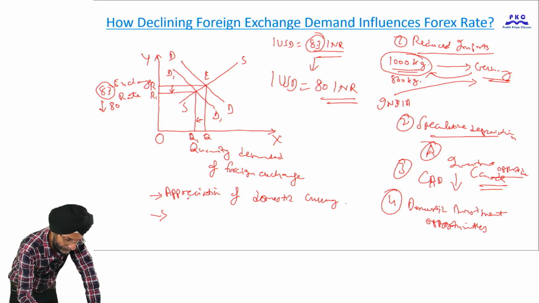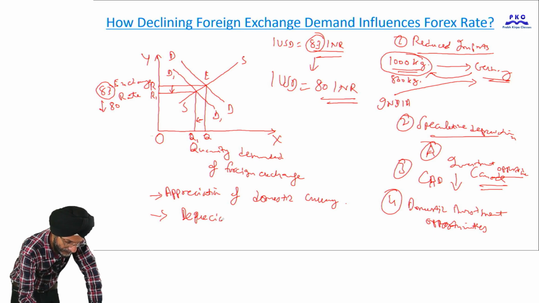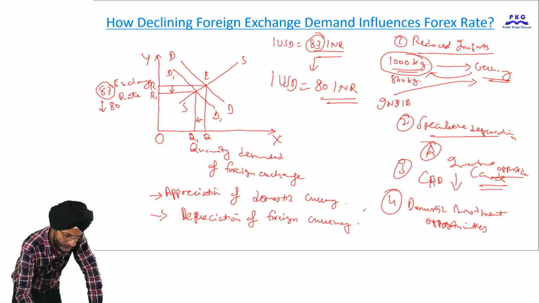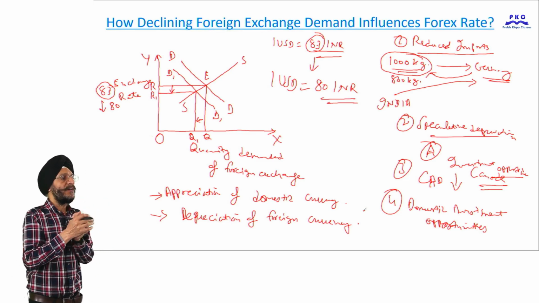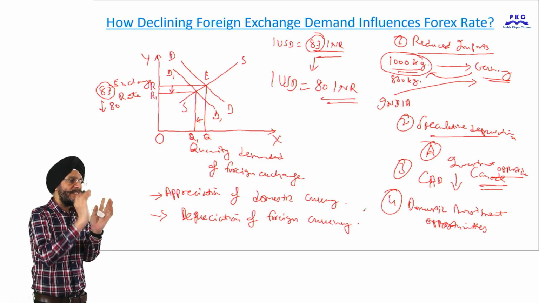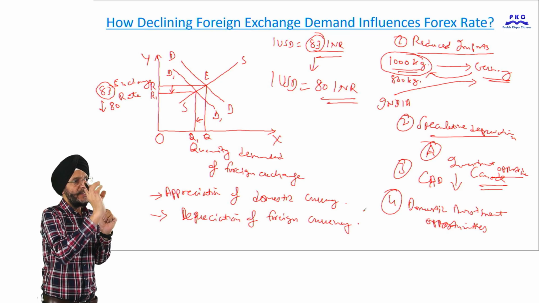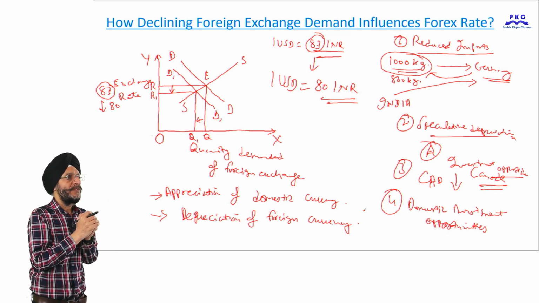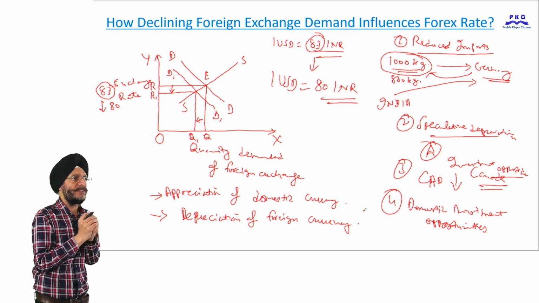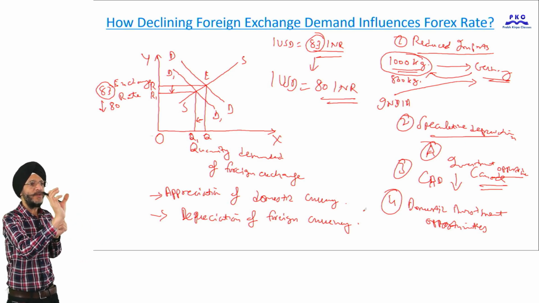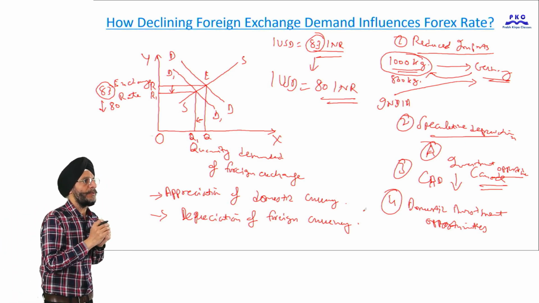But at the same time, it is depreciation of foreign currency, because earlier the residents of USA were getting 83 rupees in return for 1 US dollar, but now they are getting only 80 Indian rupees.